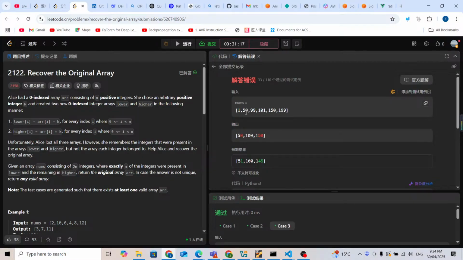Minus 50 and 51 plus 1. This one minus this one is 100, and this one minus this one is 100.